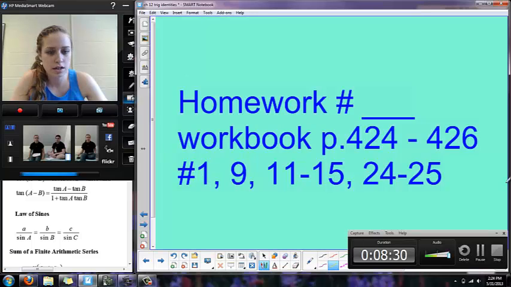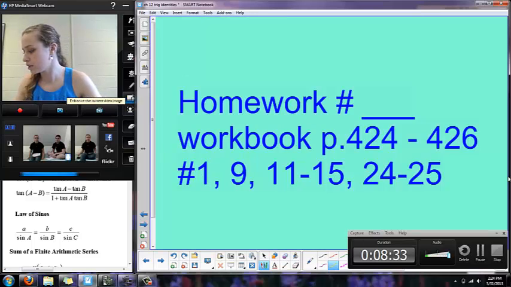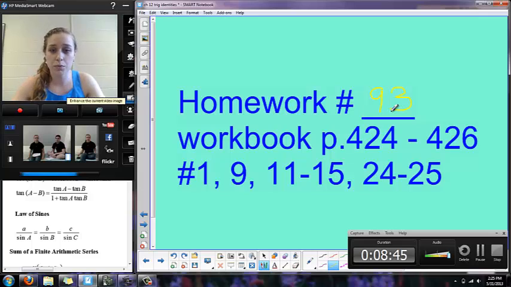So this is homework number 242, 246. This is number 93. Only 2 more homework assignments for this whole chapter, and then that's it. So let's just keep on moving.